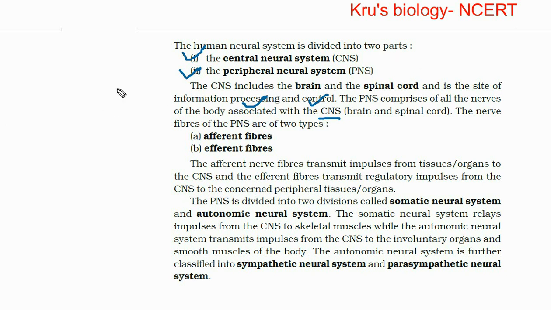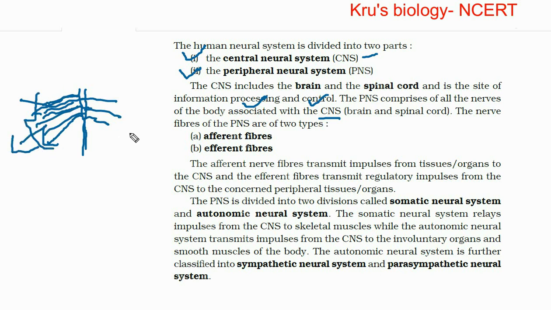After the CNS, that is the brain and spinal cord, any nerves associated with the CNS, for example the different nerves attached to the spinal cord, are called the peripheral nervous system.